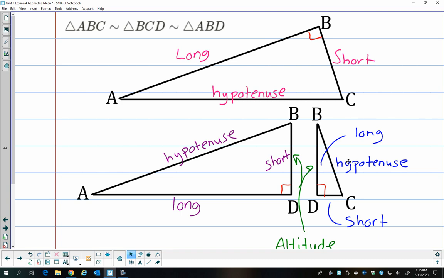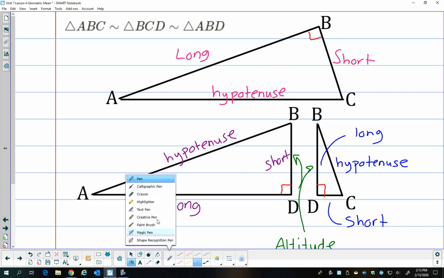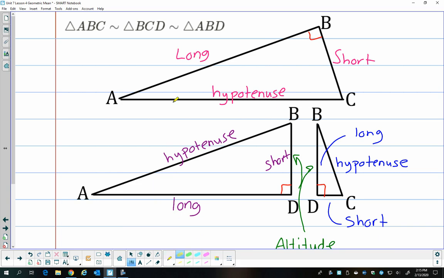And so we can write all these different proportions using corresponding parts. So for example, I could write a ratio of the hypotenuse of my original triangle over my hypotenuse of my medium triangle and make that equal to the short side of my original triangle and the short side of my medium triangle.